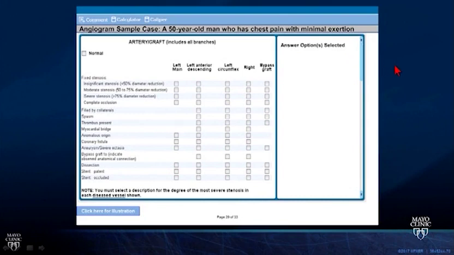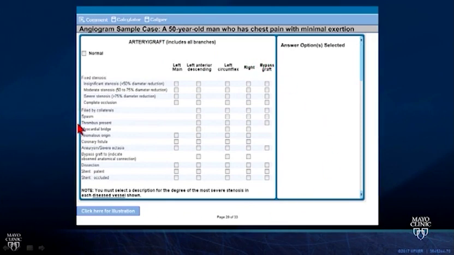So just to go back to our coding sheet, now we're going to go through some individual cases. So I'm just going to go back to the coding sheet. You can reorient yourself. Keep in mind that normal is up on top. So if you see something that you can't find anything wrong with, just code normal for that. And then all the different coronaries are up here on the top in the columns, and then bypass grafts.